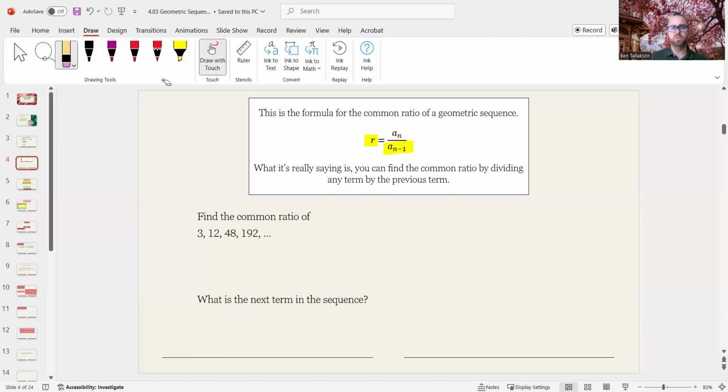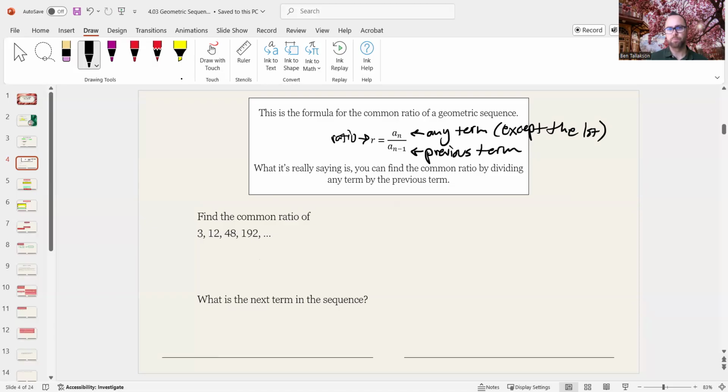So in other words, to find the common ratio, you need to take any term except the first term, because remember there's no term before the first term, right? And divide it by the previous term.